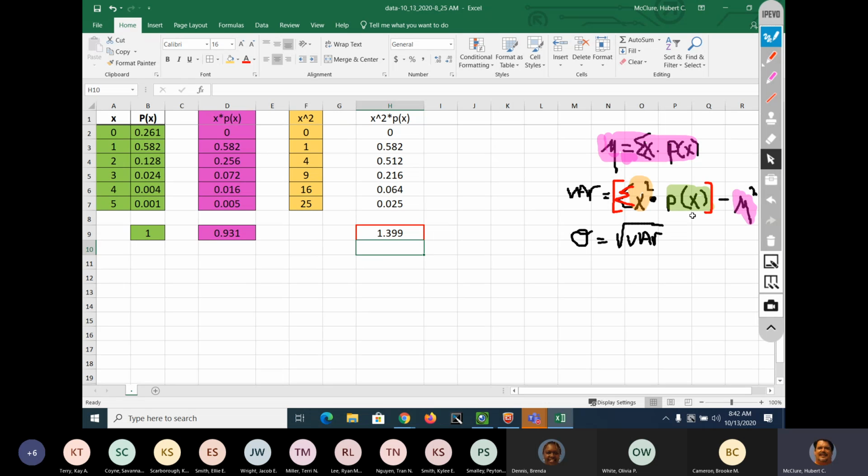So I need y'all to take a piece of paper and write: variance is equal to 1.399 minus 0.931 in parentheses squared, because that's what we're fixing to do right now. So my mean is equal to that number right there, and we colored that magenta.